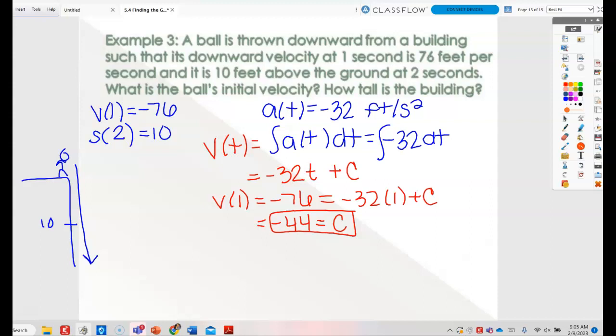So the person threw it at negative 44. Gravity increases that speed, making it faster and faster over time. Also making sense? Okay. So negative 44 is my initial velocity.